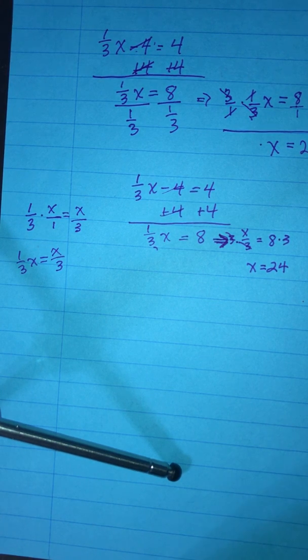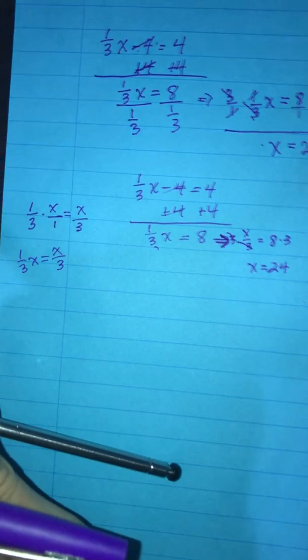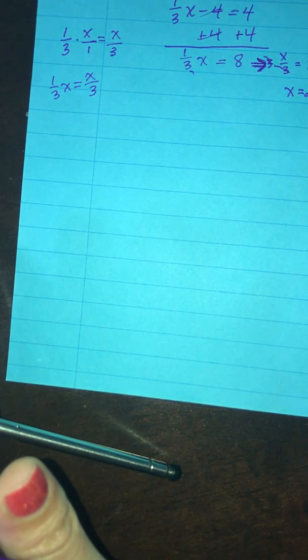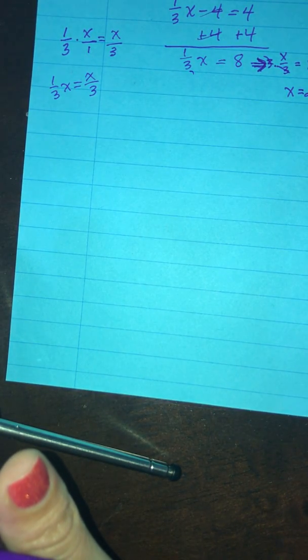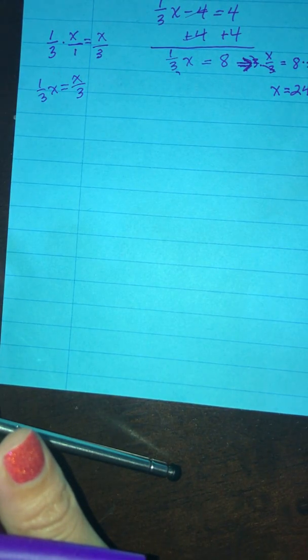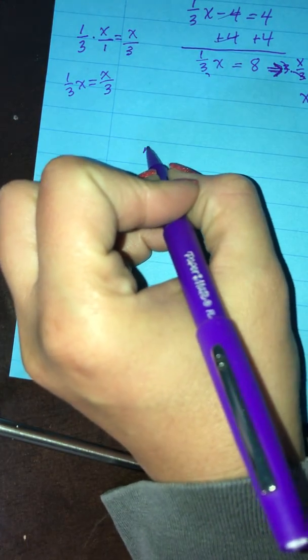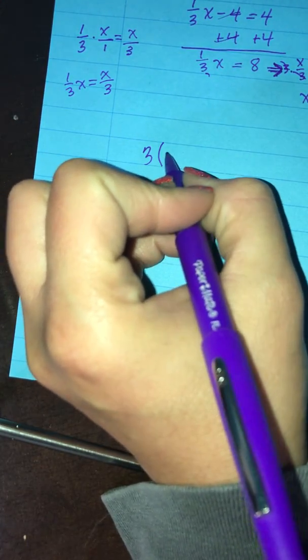Okay, and that was a quick review of one-step equations. I'm going to do just one example of a two-step equation. It's probably one that you'll see the most.